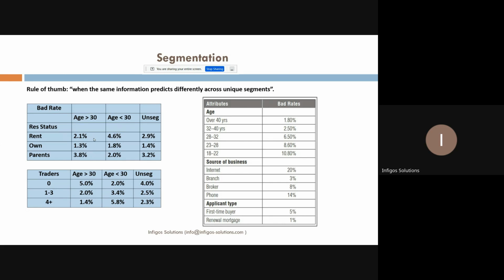When they default more, it's going to be a problem for your scorecard. Performance will go down. Residential status, rent, own, also will have the same kind of difference. People who stay with their parents will have the same kind of difference.